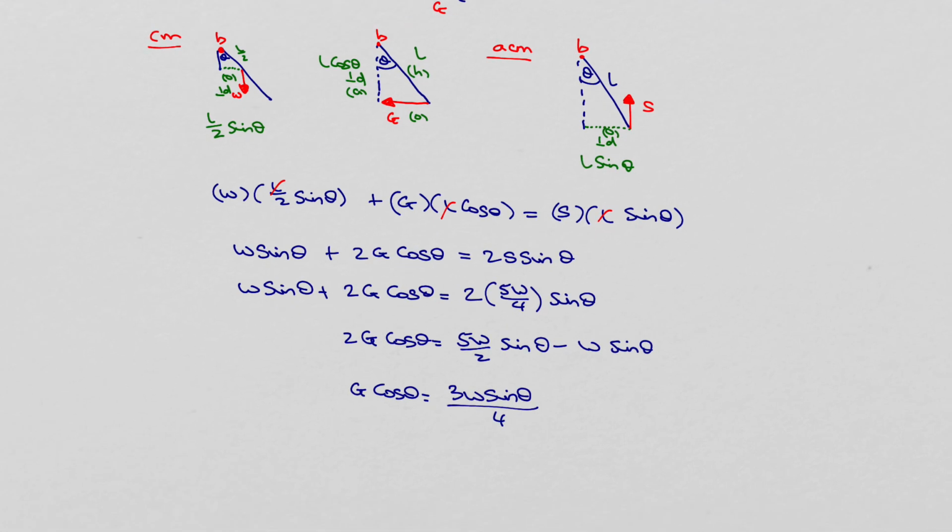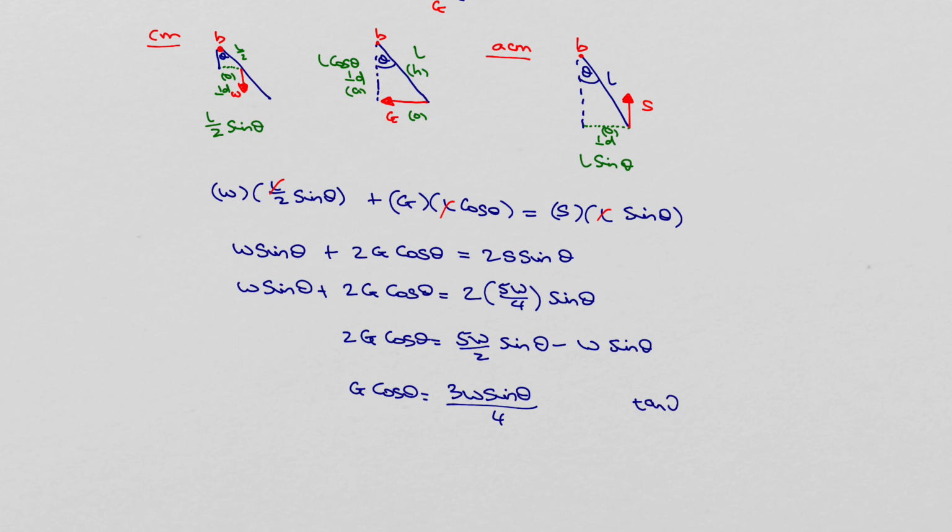And of course, if I divide across by cos, well, I get sine over cos. And of course, we have to remember that tan theta is sine over cos. So therefore, that gives me G is equal to 3 over 4 W times tan theta.